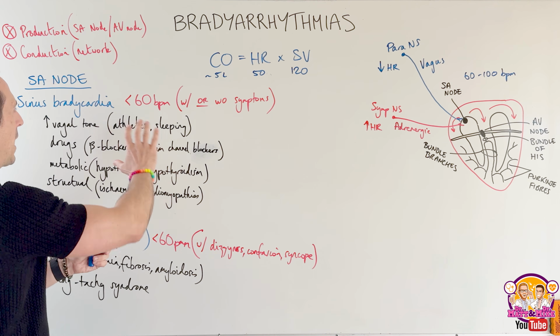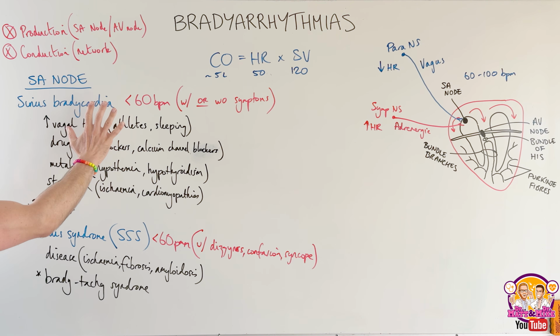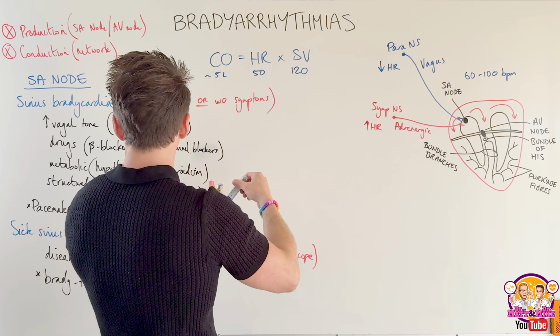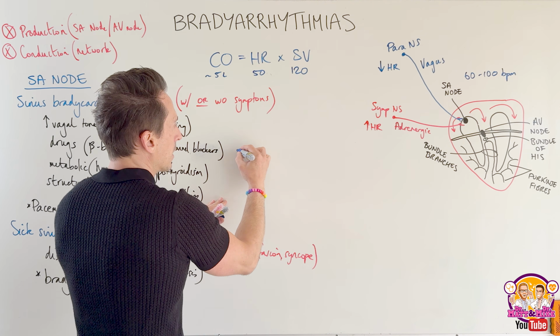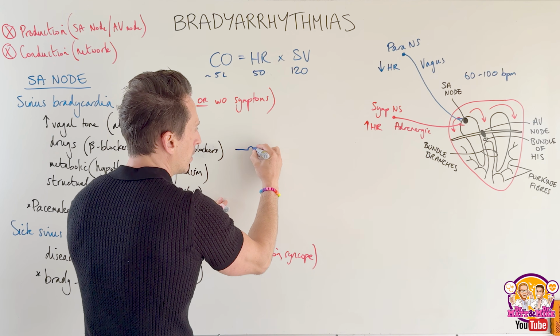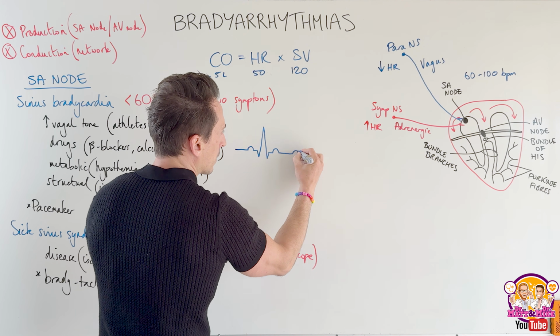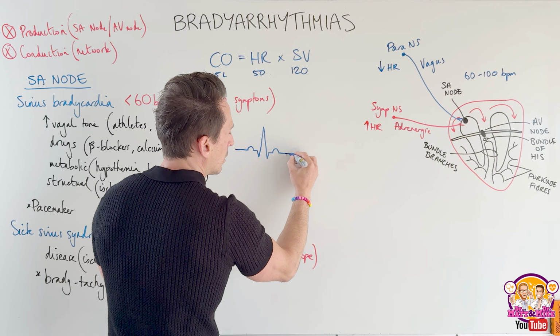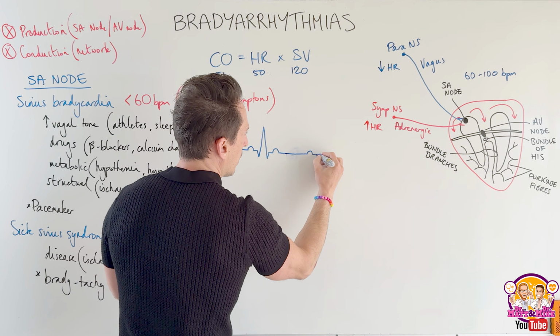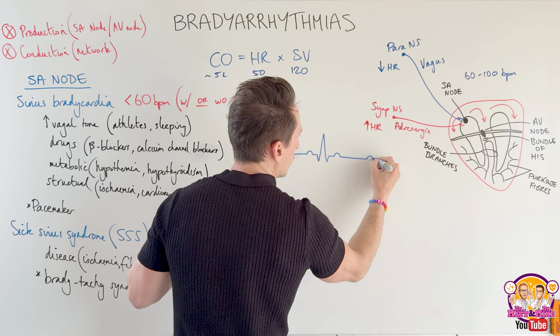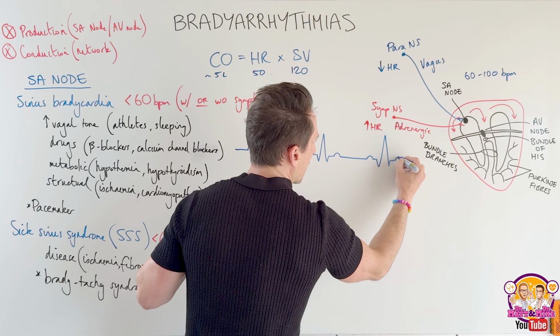So if we were to draw up an ECG of the sinus bradycardias and compare it to the sick sinus syndromes, right? Let's have a look. So sinus bradycardia, it's simply just a slow heart rate. P wave, QRS complex, and then you'd have a long break, P wave, QRS complex, T wave, P. So see how it's regular?